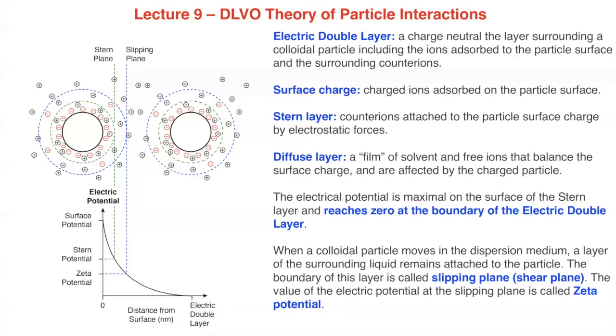Okay, and then as you go further and further away, eventually you get to a charge neutral situation where the concentration of ions becomes the equilibrium concentration in solution, and the electric potential has dissipated to zero, and that is the electric double layer thickness. Okay, so zeta potential in particular is a really important principle in this because it sort of defines how colloidally stable the dispersion is.